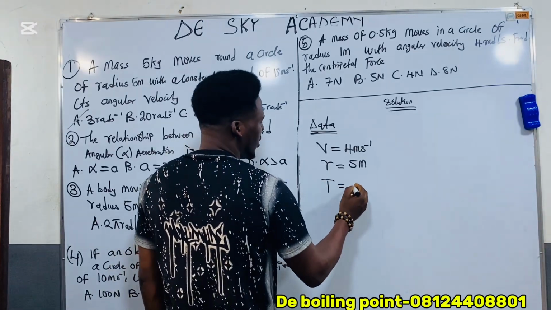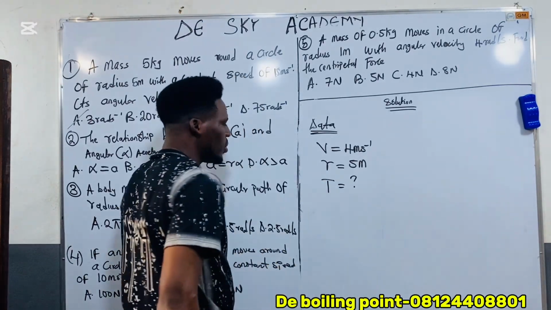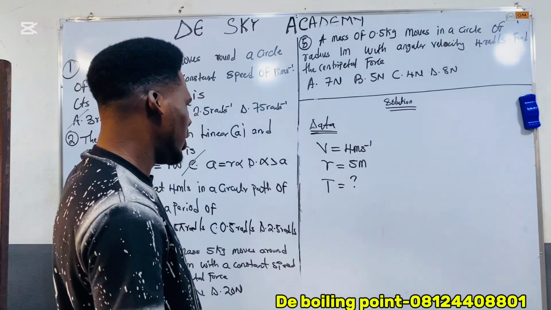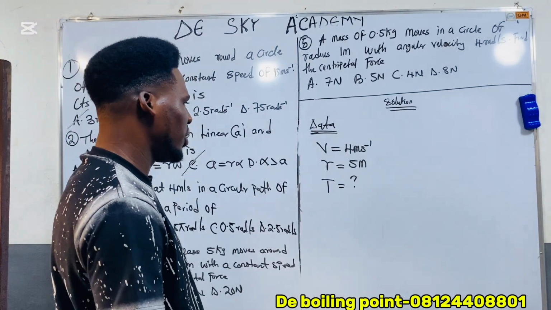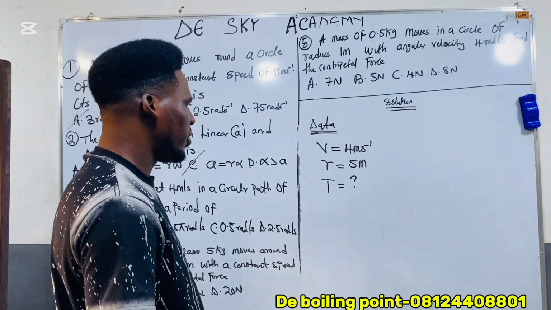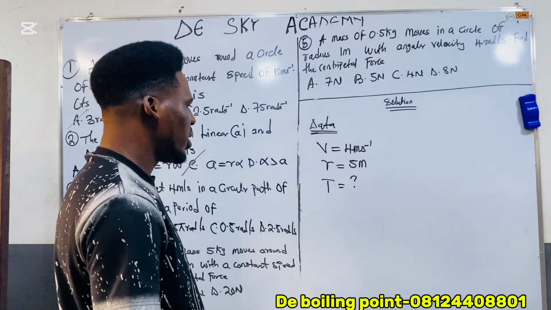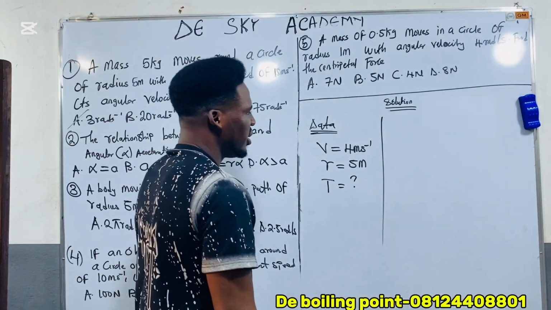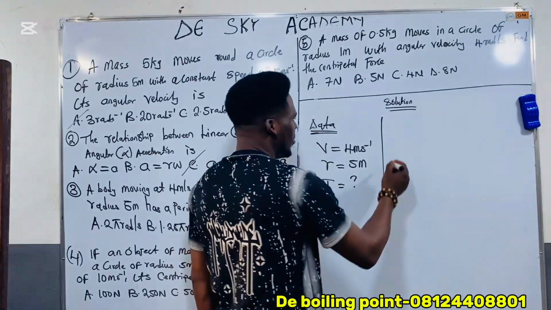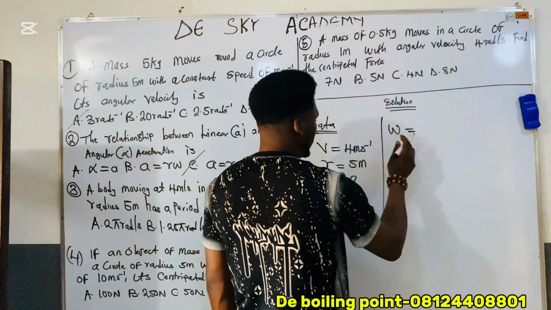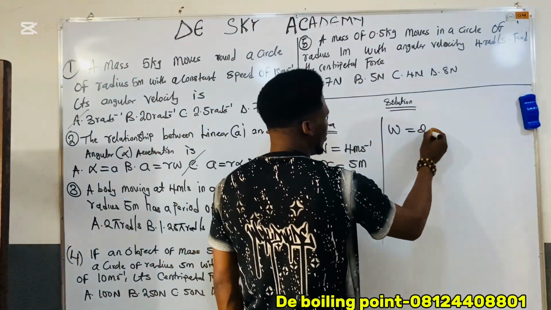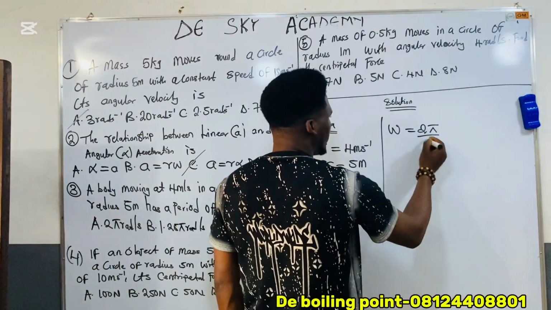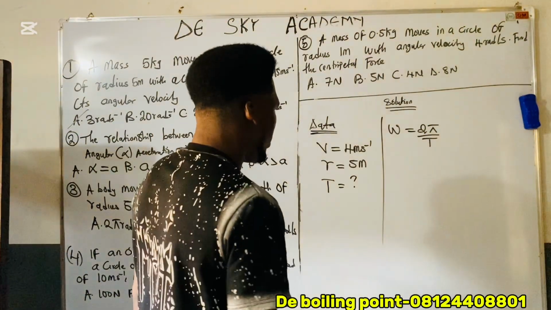Period is T. So what formula can you relate with this? Can you recall that I have omega? Omega is equal to 2 pi over T. Can you remember?